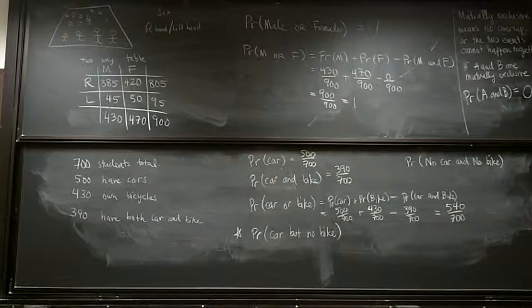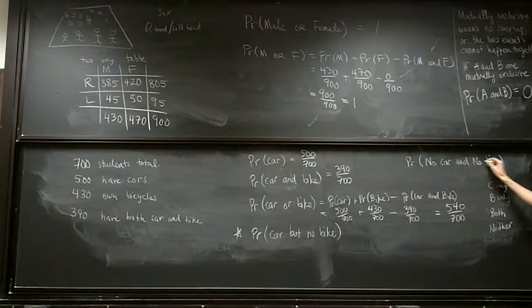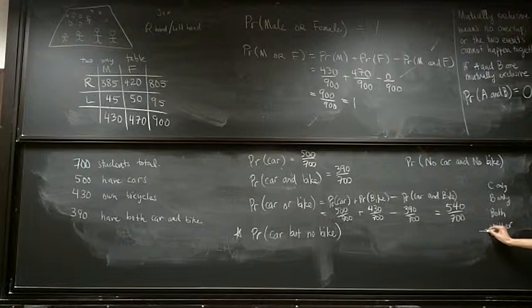Let's list off our categories of people: car only, bike only, both, and neither. So the no car and no bike is our neither category, right? Is that okay?